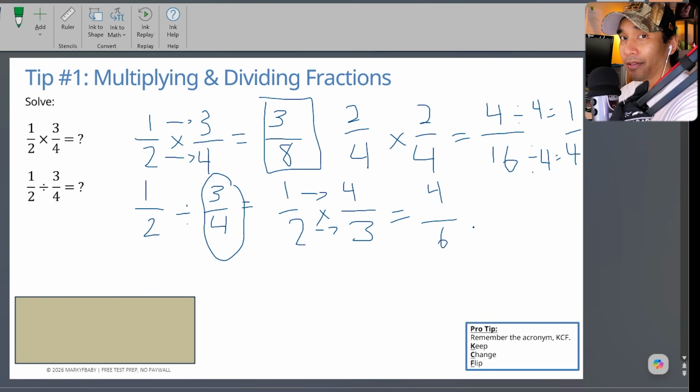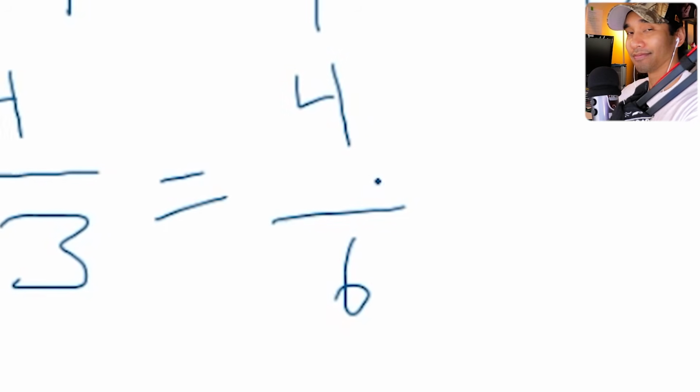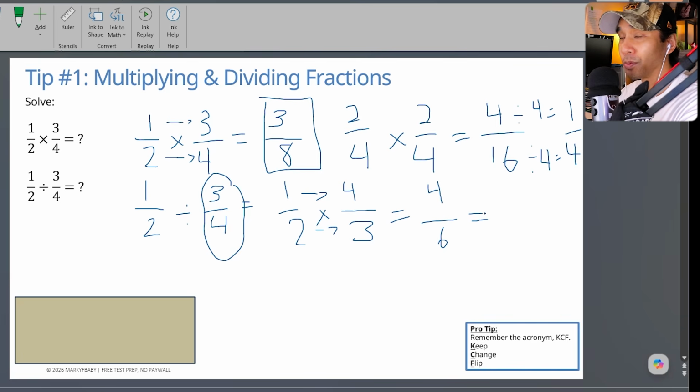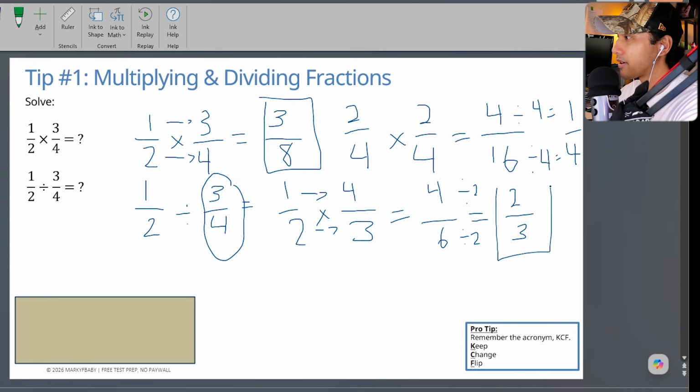And are we done here? No, we're not. We need to simplify. What can go inside both these numbers? That's 2. Divide by 2. Divide by 2. 4 divided by 2 is 2. 6 divided by 2 is 3. And this is our answer, 2/3.